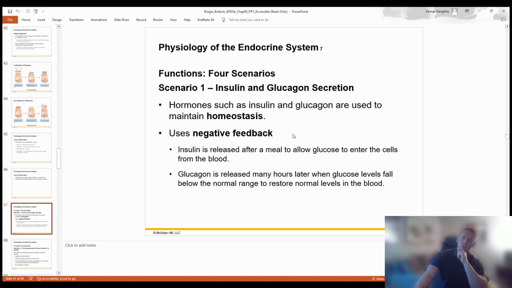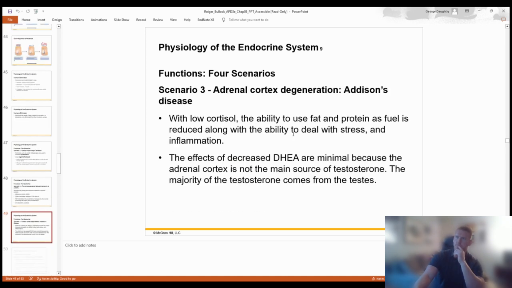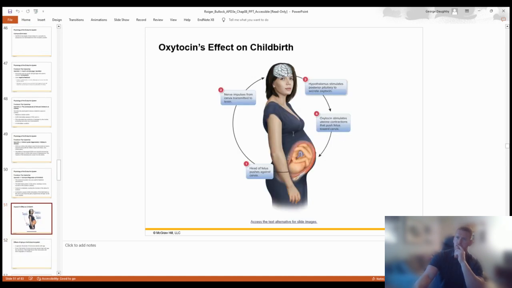I want you to be able to take a combination of hormones and state whether it is negative feedback or positive feedback. Oxytocin is one of our best examples of a positive feedback loop, meaning that we produce a certain amount and that hormone stimulates more production of it, and then more and more.